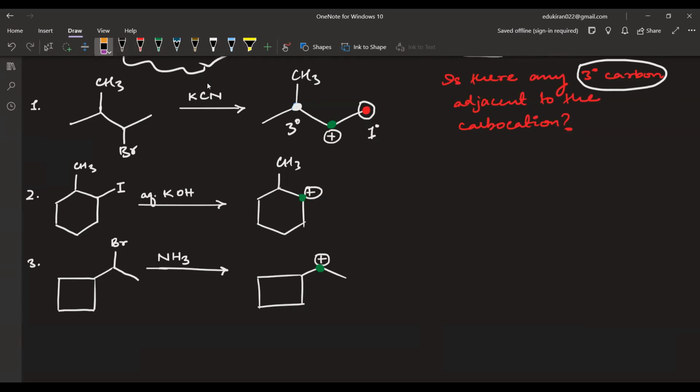Now, can I get an answer for the second one? Is there any 3 degree carbon adjacent to the carbocation? Can I get a yes or no from everyone? Yes, sir. Fine, I'm getting yes from everyone. What about the third one? Is there any 3 degree carbon adjacent to the carbocation?